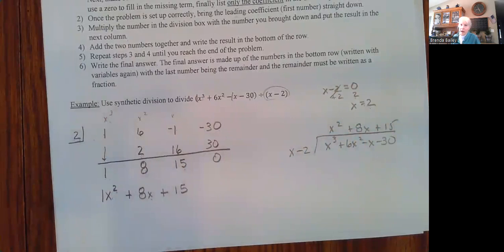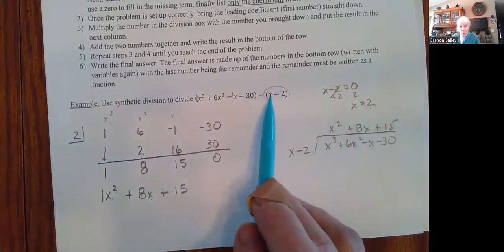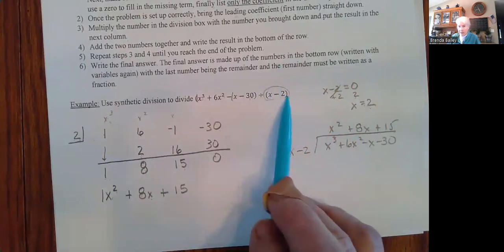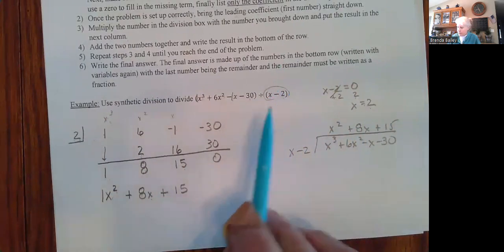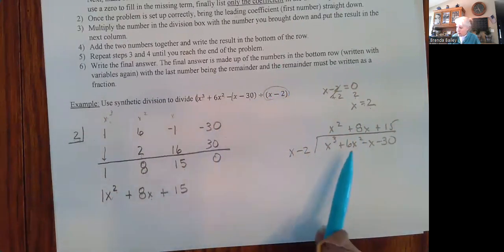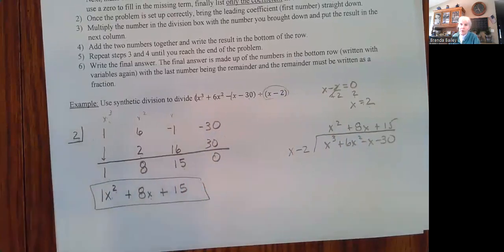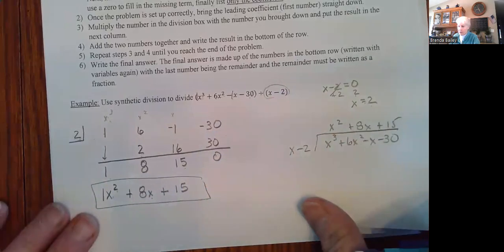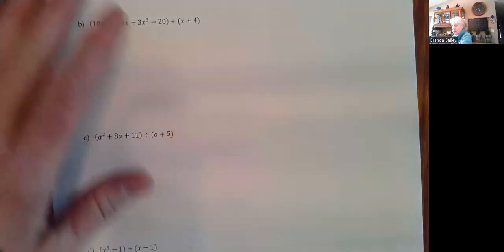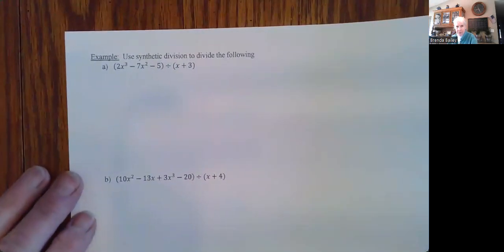It's quick. You can only use it if you have a 1x and then a number here, minus or plus. So it does have its limits, but here's your quotient. So let's go through a bunch of examples here so that you'll understand how to do this, because it'll be used pretty extensively if you take 1400.